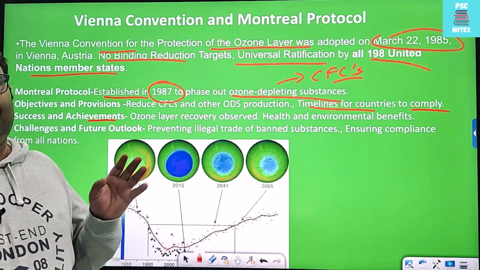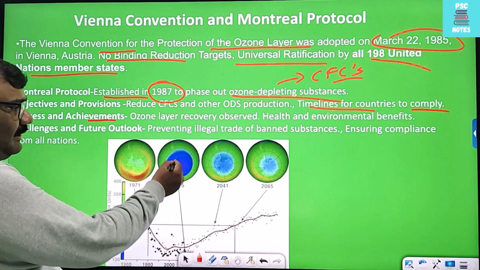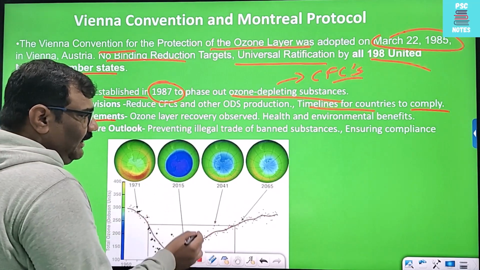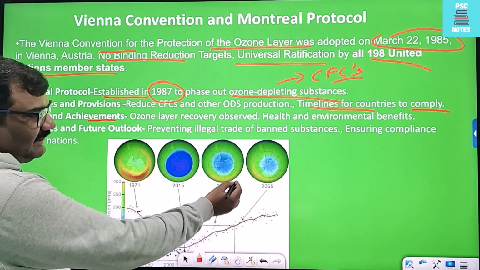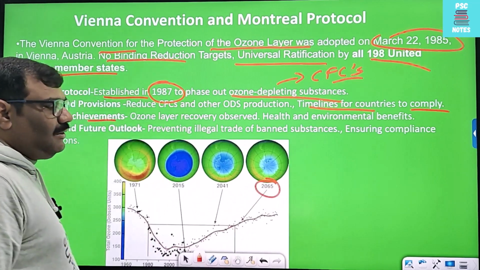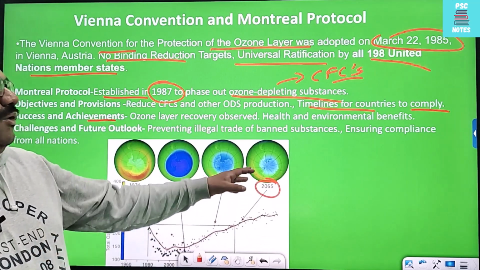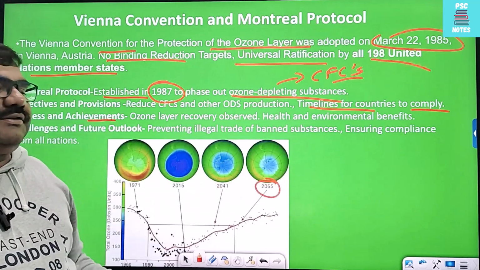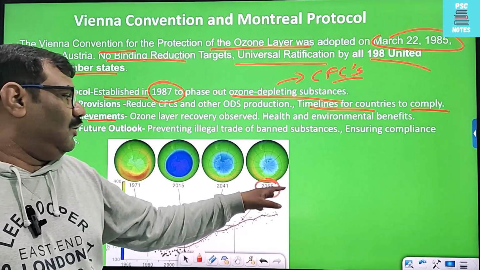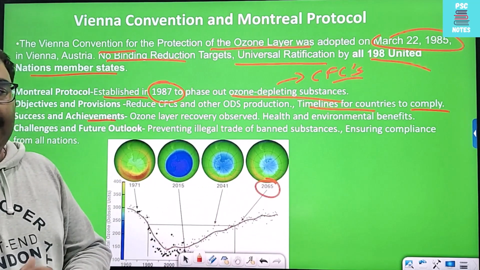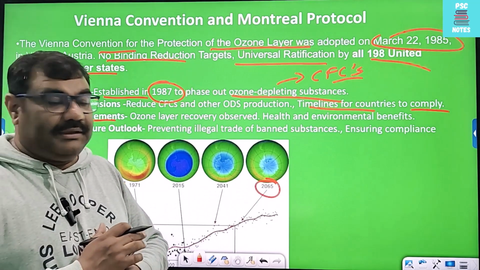The Vienna Convention was basically non-binding, but what we have observed is that there is a significant reduction in the ozone hole, and it is expected that by the year 2065, if the chlorofluorocarbons and other ozone depleting substances are restricted, there will be a total ozone recovery. Now one thing which I have forgotten, and sorry for it.